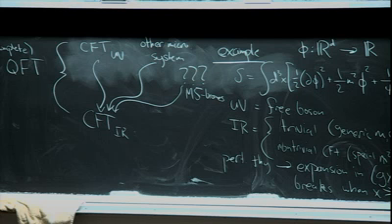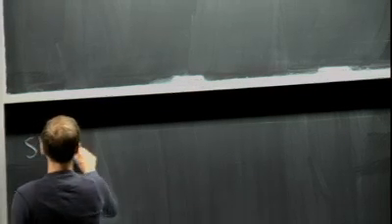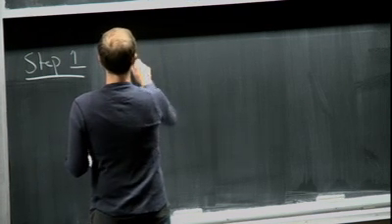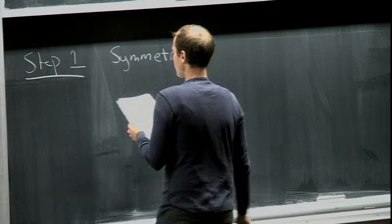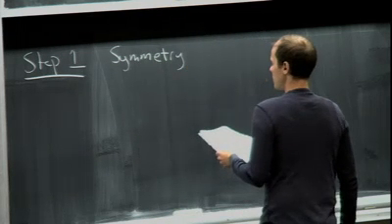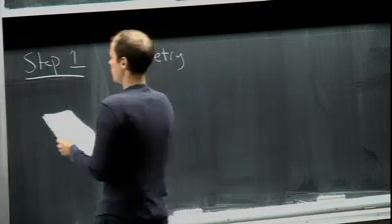Okay. All right. So step one. I hope I've already convinced you of step 0, that we should focus on the CFT itself. Step 1 is to look at the consequences of symmetry. The starting point for this is the stress tensor.